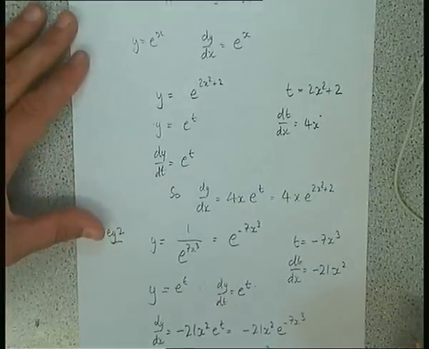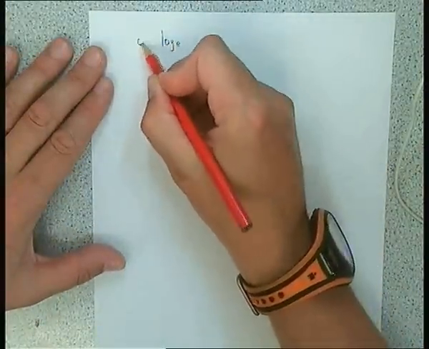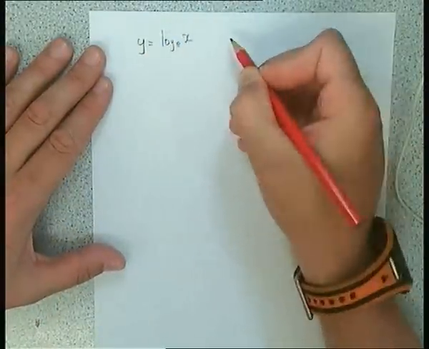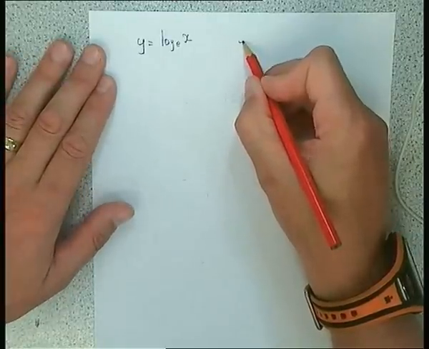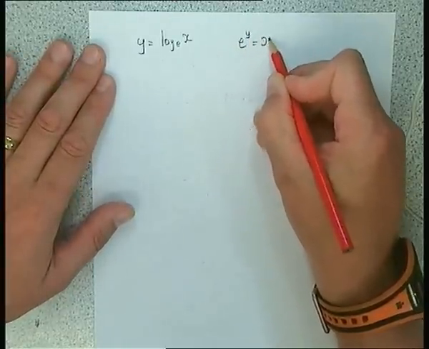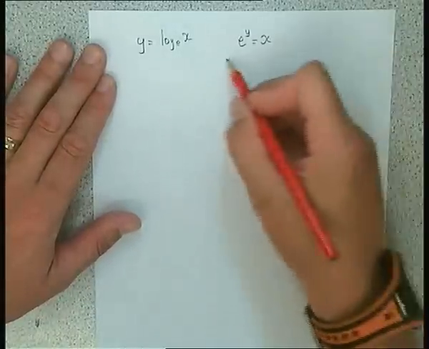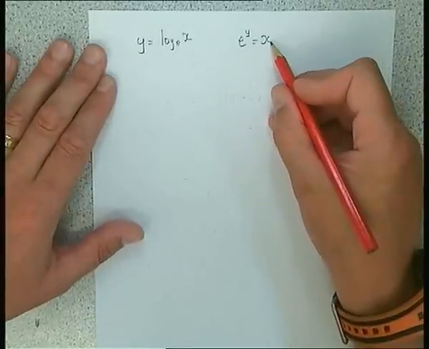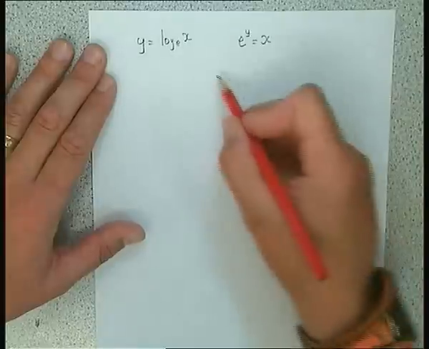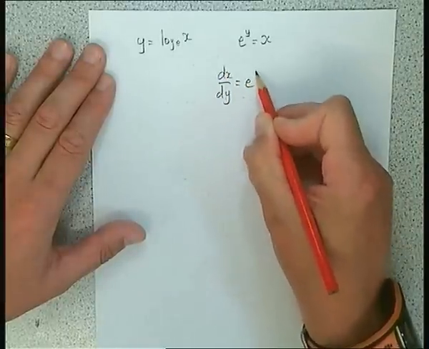Now log is slightly different. So here we've got log. If we have y equals log e of x, we know that e to the y equals x. This is now round the other way from what it normally is. So if I differentiate x with respect to y, I get dx by dy equals e to the y, knowing what we had before.